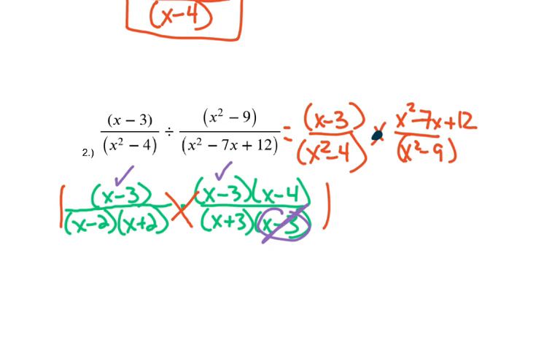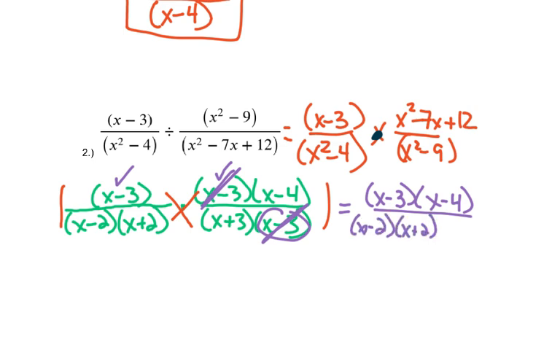So I'm going to cross out one of my x minus 3's in the denominator, and it doesn't matter which one. I'm going to choose this one, let's say, and cancel out only one of those x minus 3's. And sadly, there's nothing else that can be simplified, so our final answer will be x minus 3 times x minus 4, and in the denominator are x minus 2, x plus 2, and x plus 3.